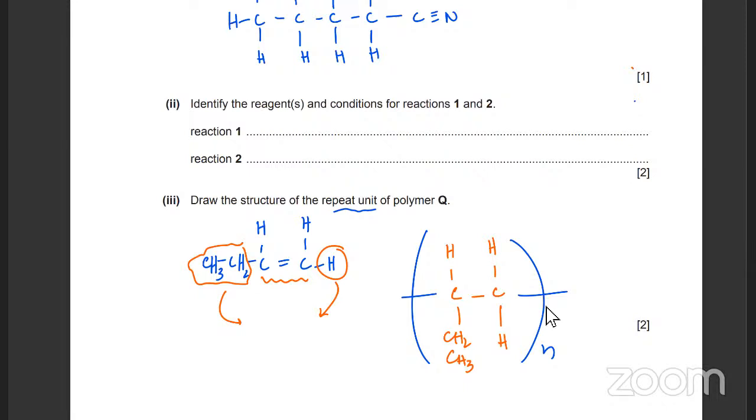It's just whether to write n or not. Usually n is written with 1 repeat unit. When you show 1 repeat unit, you put brackets and you put an n around it. But this n is not important. I'm just saying that if you just show this, that's still fine. There's nothing wrong with it.